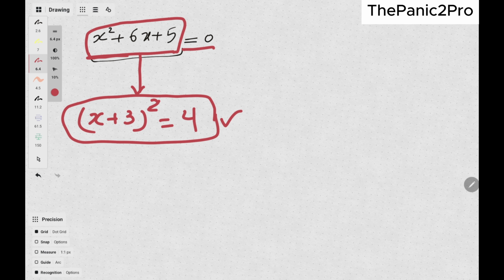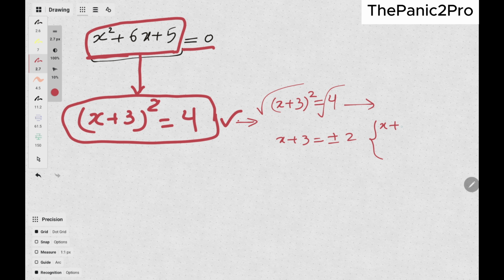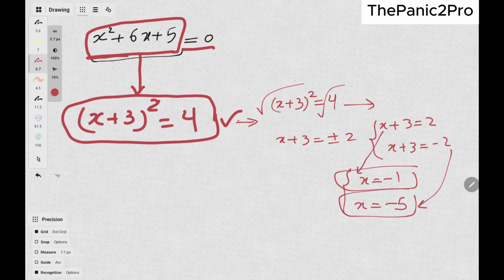I would go with this, because I have x plus 3 squared is 4. Then if I take the square root of each side, it's going to be x plus 3 is plus minus 2. Then I have two equations: x plus 3 is 2 and x plus 3 is minus 2. From the first I would get x as minus 1, and from the second I would get x as minus 5. So basically these are the roots, minus 1 and minus 5. These are the roots of this.